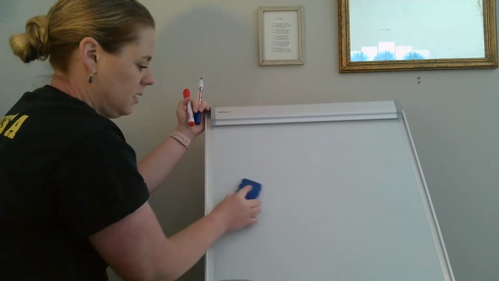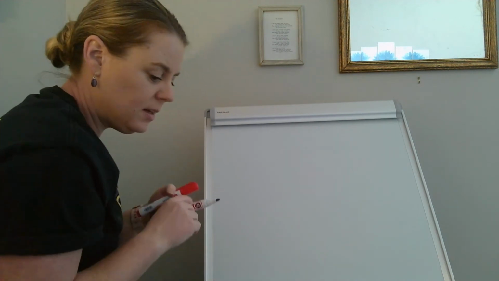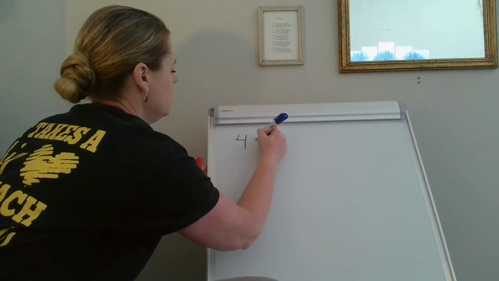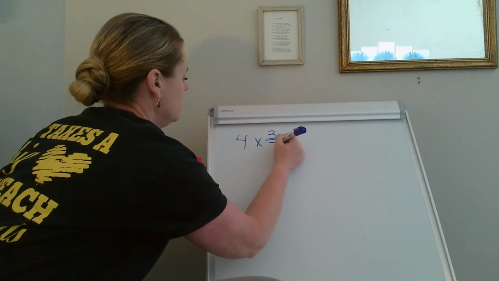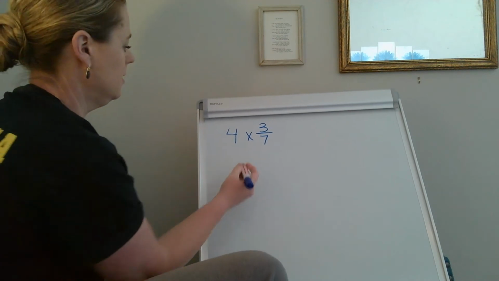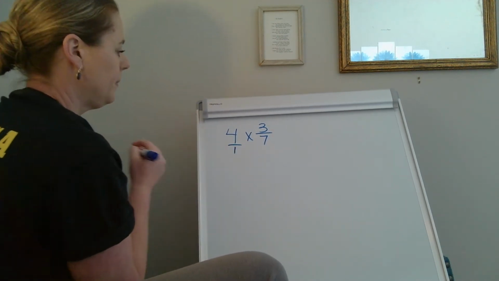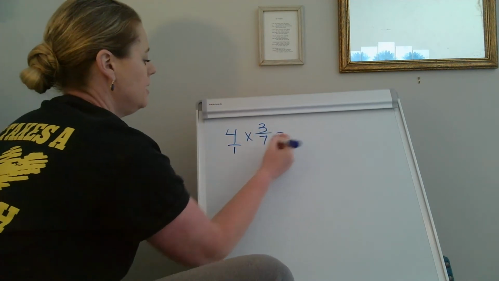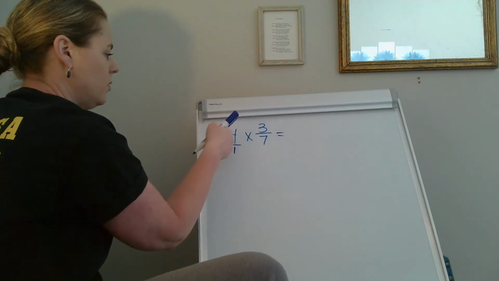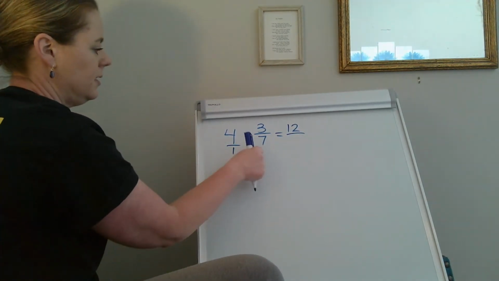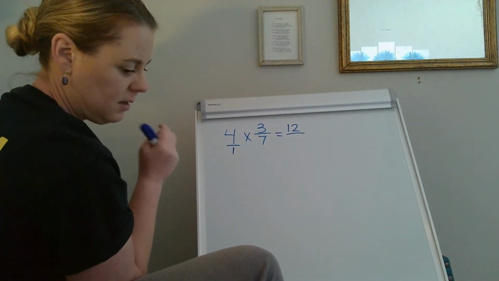Okay, we're on 4 times 3/7. 4 goes over 1. So 4 times 3, multiply the numerators. 4 times 3 is 12. 1 times 7 is 7.